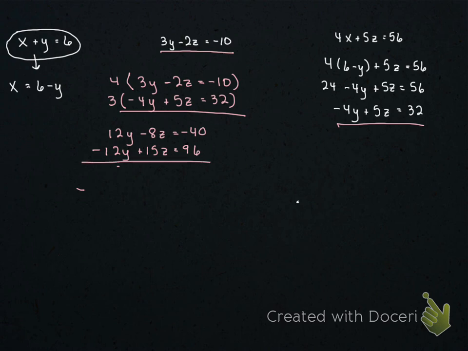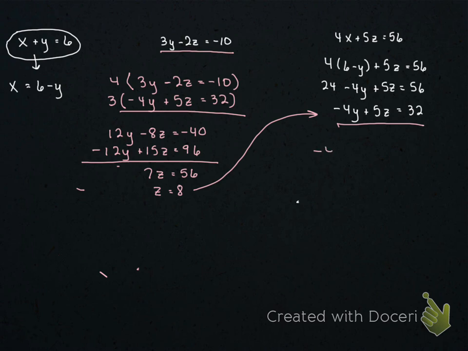Now I have gotten rid of my y, and I get the fact that 7z is equal to 56, so z is equal to 8. Now I can use that in this equation right here and solve for y.